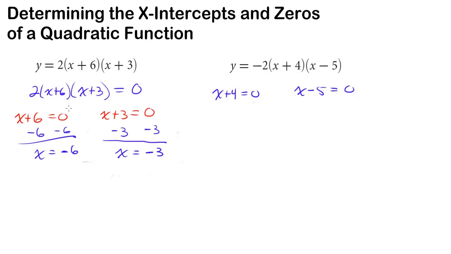But if I understand the concept of opposites, I could just look here and say, well, what's the opposite of positive 4? Negative 4. So x = -4. And the opposite of -5 is positive 5. So x = positive 5. And those are the x-intercepts, or the zeros, of this quadratic function.